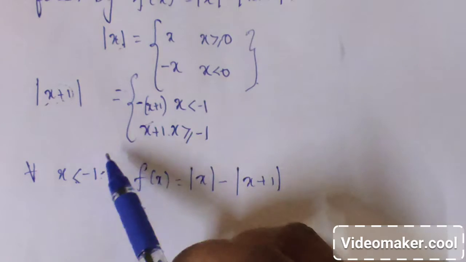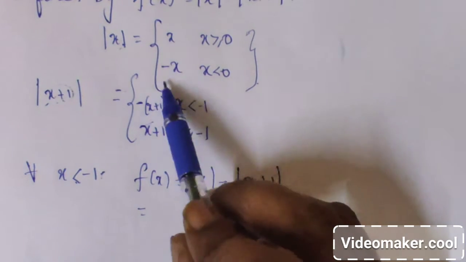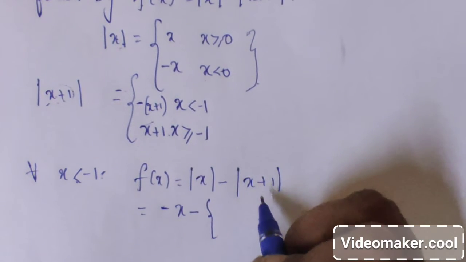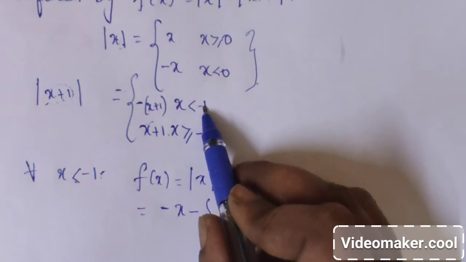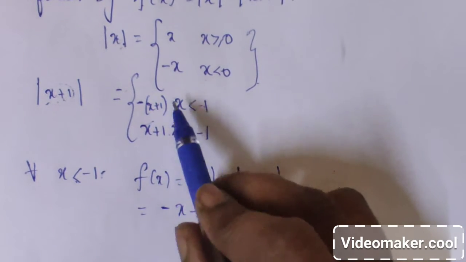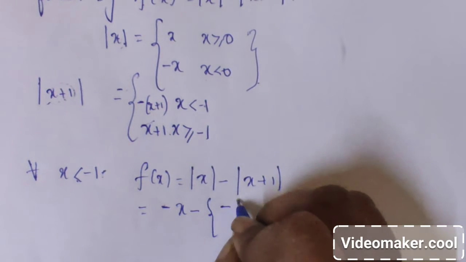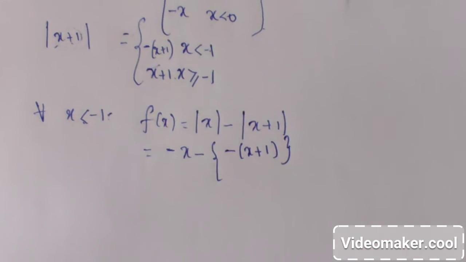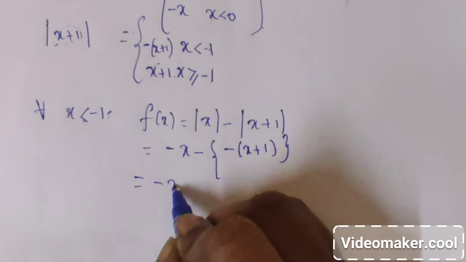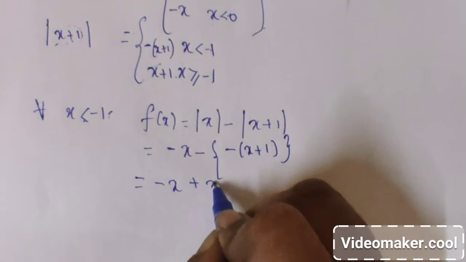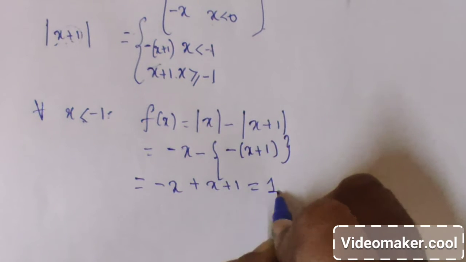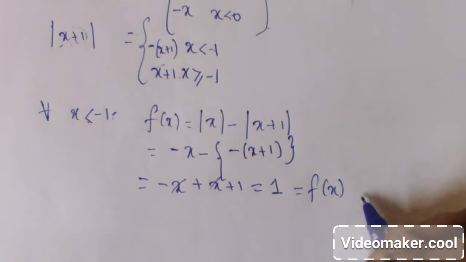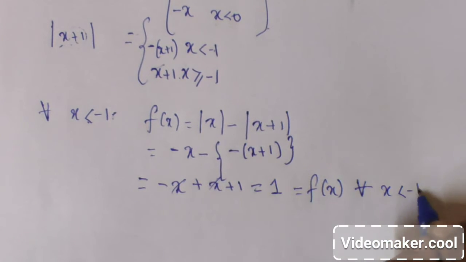So we get minus x minus, and mod x plus 1 will be minus x plus 1. Minus minus will be plus, so we get minus x plus x plus 1, the x gets cancelled, and we have 1. So the function will be a constant 1 for all x less than minus 1.